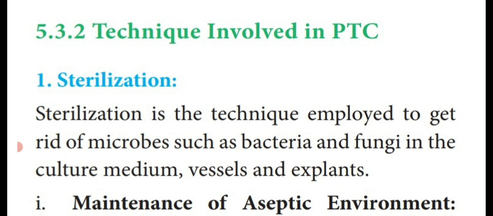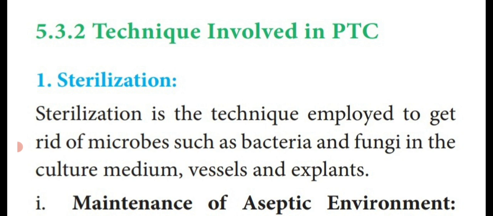Kindly note the words I already told you: the basic concepts of plant tissue culture are totipotency, differentiation, redifferentiation and dedifferentiation. Now we are going to see basic techniques of plant tissue culture, that is, the techniques involved in plant tissue culture.